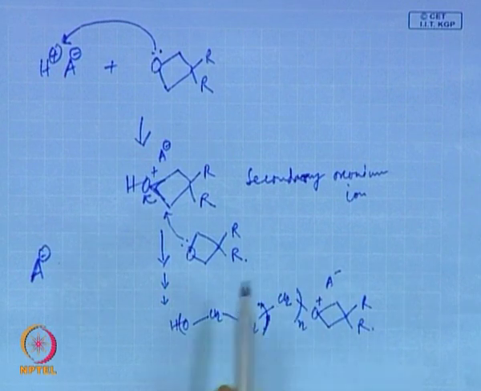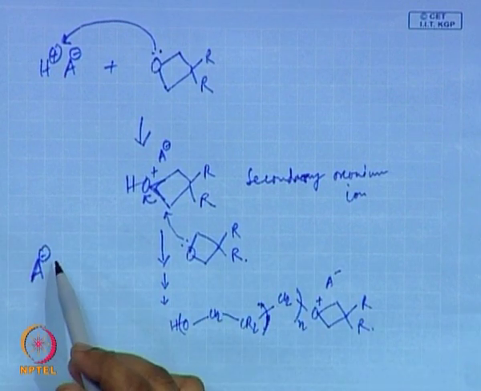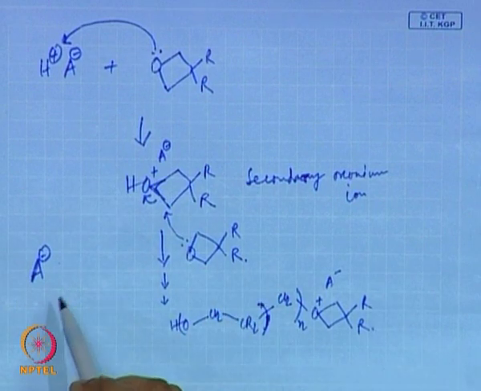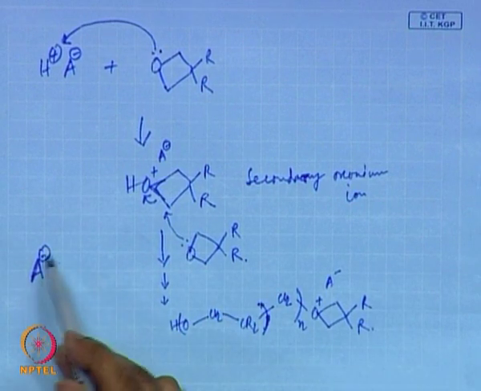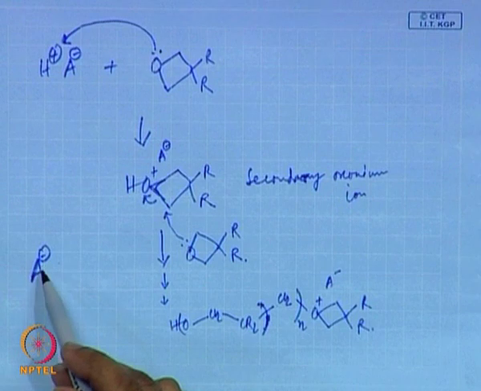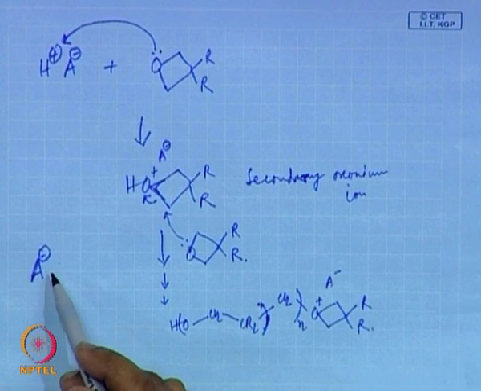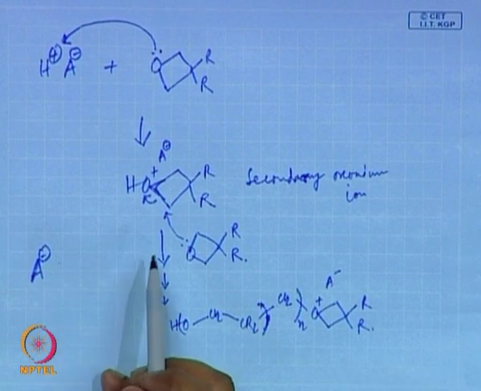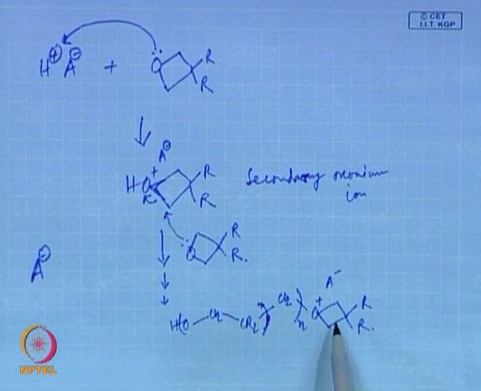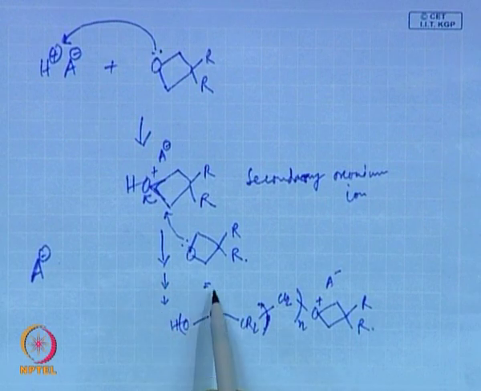So, for that you require a very strong acid, so that the nucleophilicity of the counter ion will not be enough to compete with the reaction of the monomer with the oxonium ion.